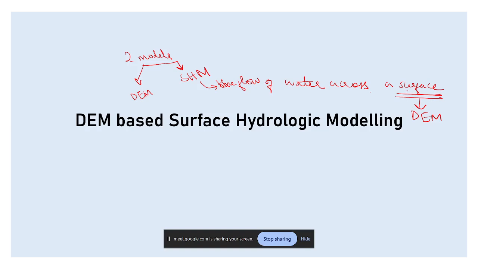If you remember, when we were studying map projection or hillshade, we had to have an idea regarding the shape of the earth and the characteristics of the surface. These shapes and characteristics are represented together by the digital elevation model.